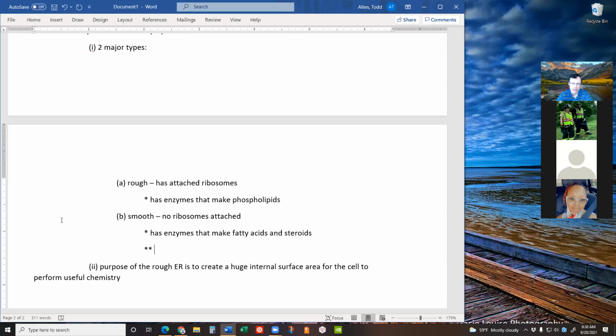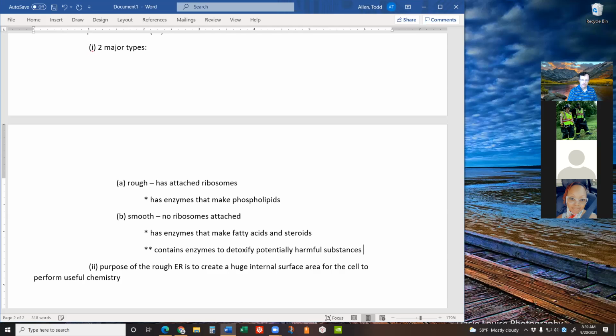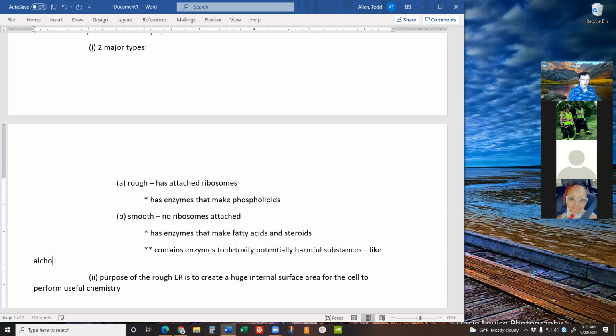There are enzymes in the smooth endoplasmic reticulum of your liver cells that will chemically alter and change the alcohol into something that's not dangerous. So the smooth ER contains enzymes to detoxify potentially harmful substances like alcohol.